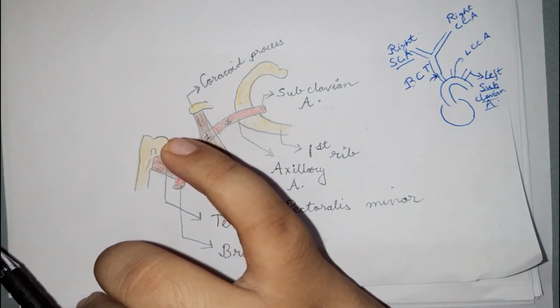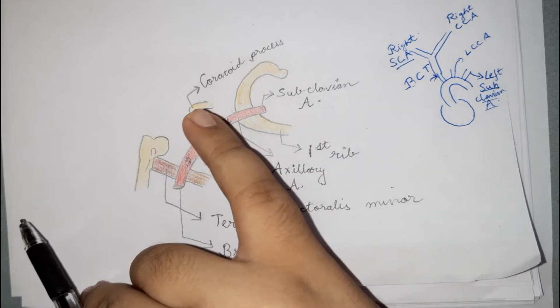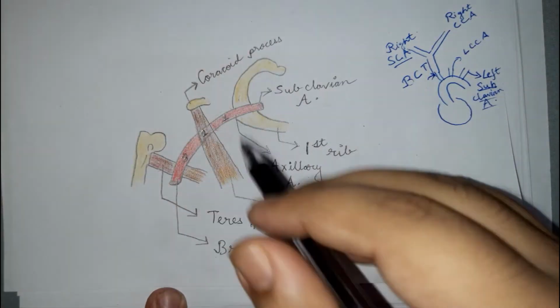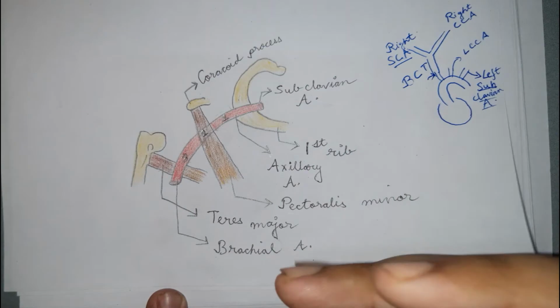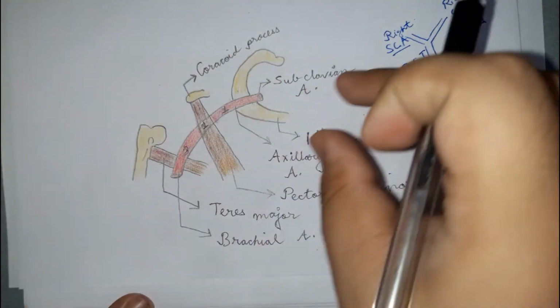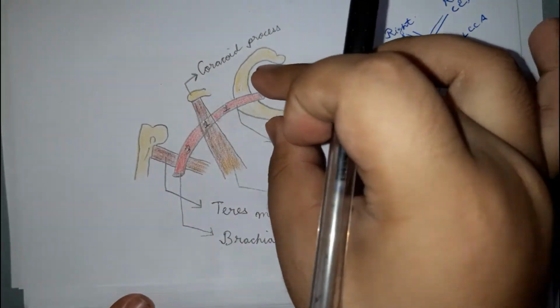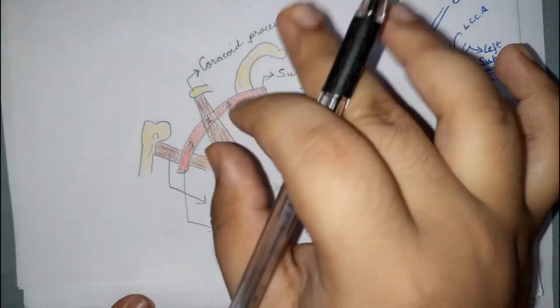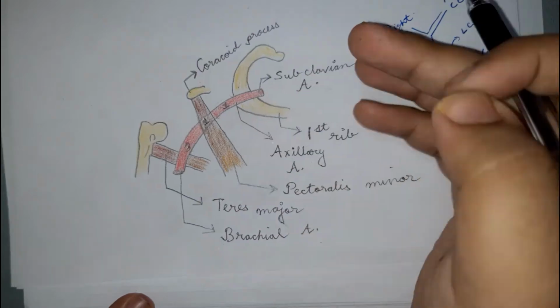Later we will come to know that it is only roughly in the elbow region where this artery will divide into the radial and ulnar branches, but up till then the entire arm, axilla region, neck region is the same artery, only with different names at different regions.